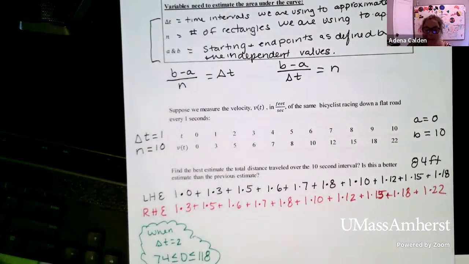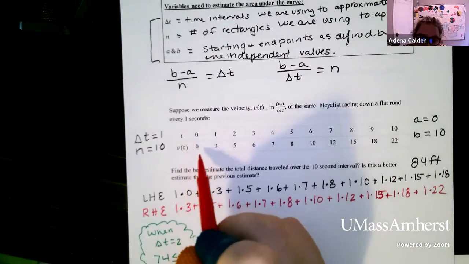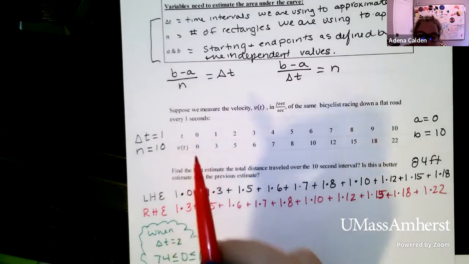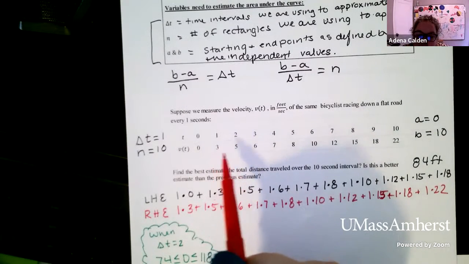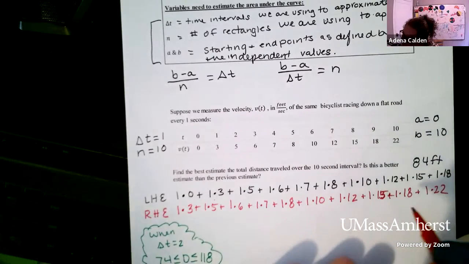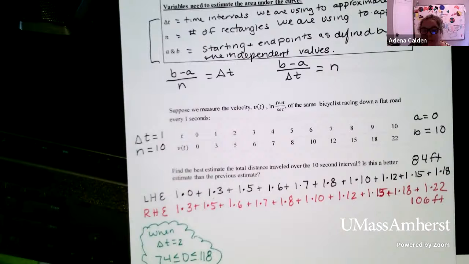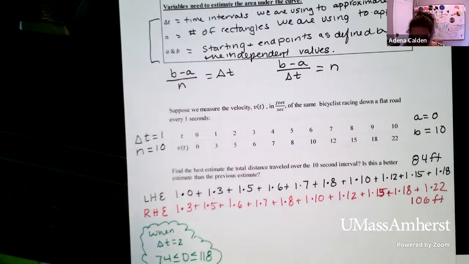So when we do a right-hand approximation, we use all the rates except for the leftmost rate. So we don't use the 0, but instead we use all the ones after that. So when we add all of those up, we get 106 feet, okay?